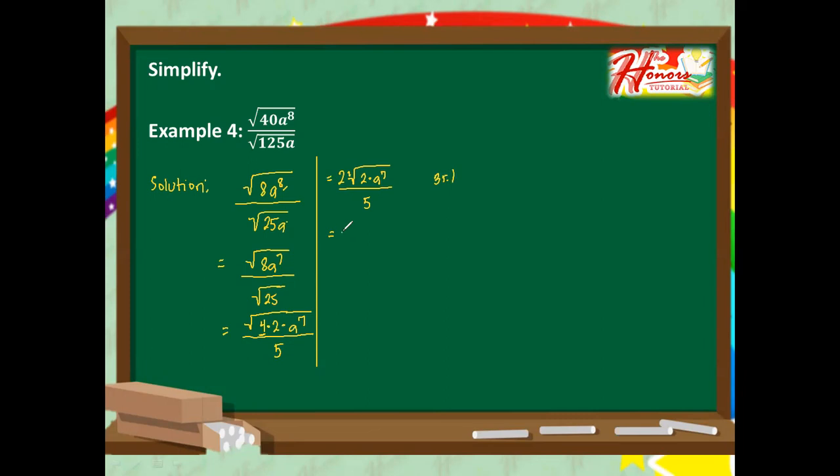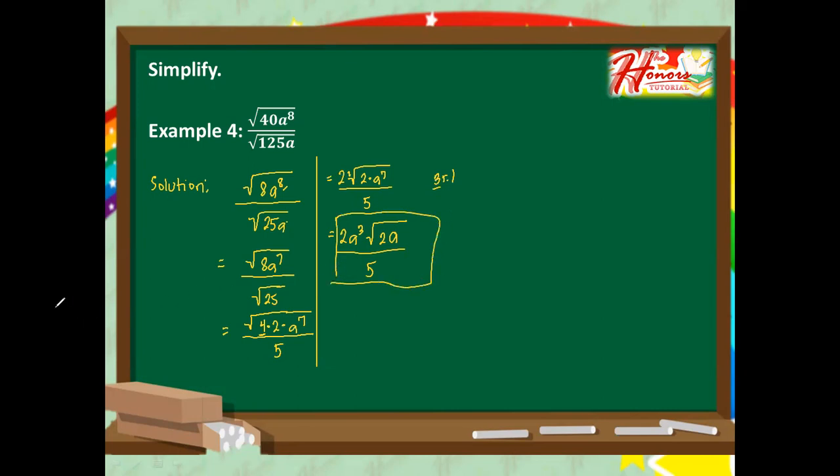So we will be having 2a raised to 3 outside. That is the quotient earlier. And then the remainder should be placed inside still the radical symbol. And then for 2, we will just copy it. And then same with the denominator. So the final answer here is 2a cubed square root of 2a over 5. So that's the final answer.